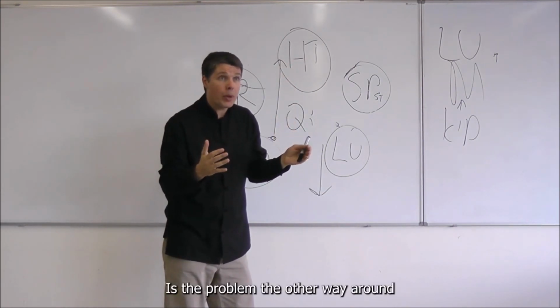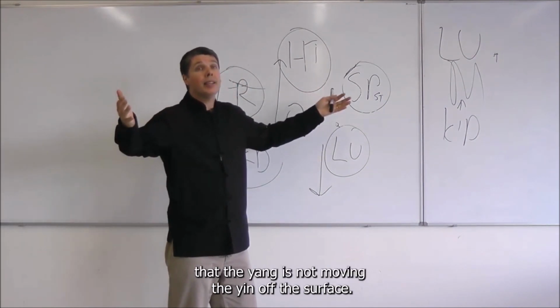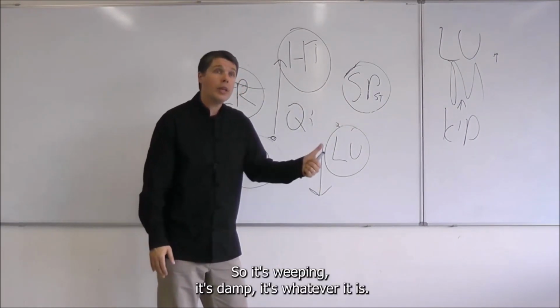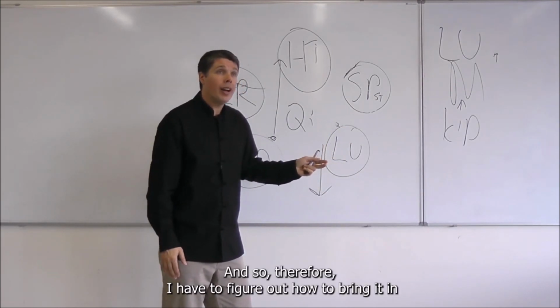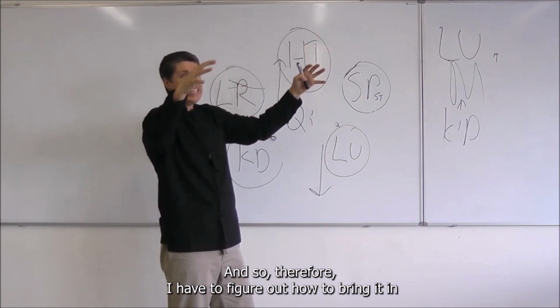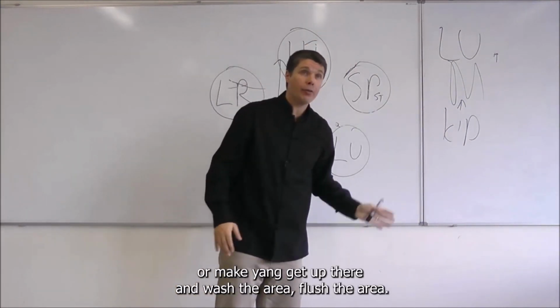Is the problem the other way around? That the yang is not moving the yin off the surface. So it's weeping, it's damp, whatever it is. And so therefore, I have to figure out how to bring it in or make yang get up there and wash the area, flush the area.